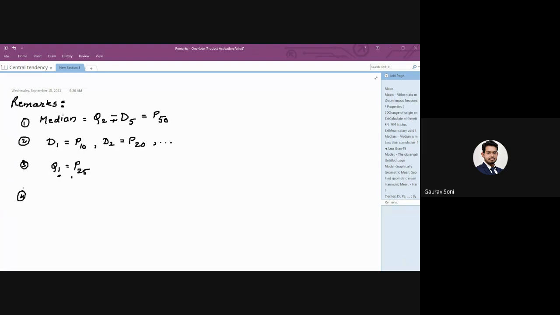Fourth and the most important one: the partitions are not equispaced.